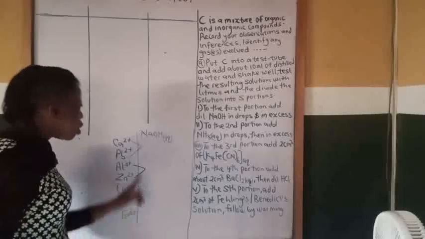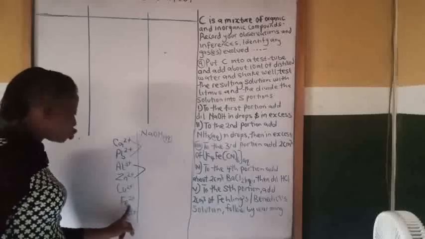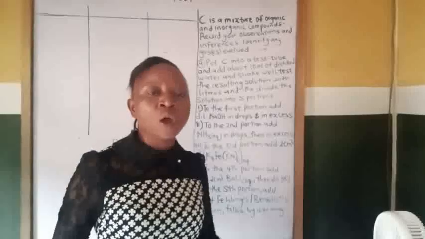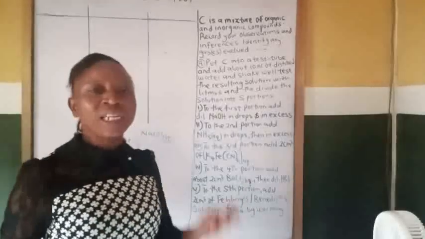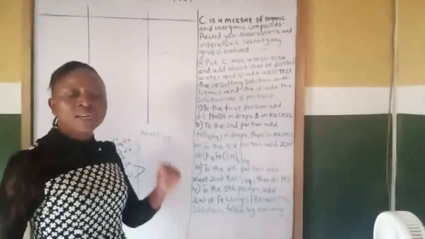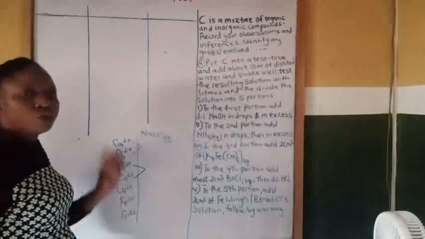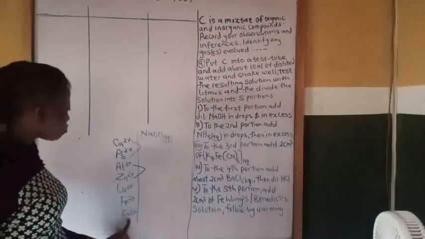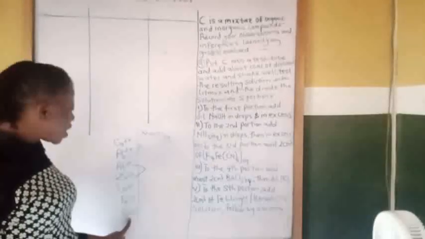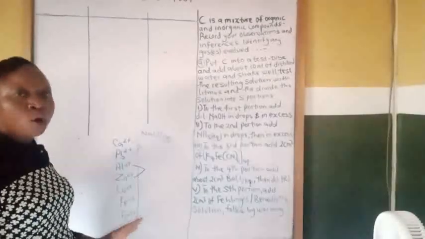For iron 2, when dilute sodium hydroxide is added, you are going to have dirty green gelatinous precipitate in drops and in excess, and it will remain insoluble. Then iron 3 will give you reddish brown gelatinous precipitate, both in drops and in excess.